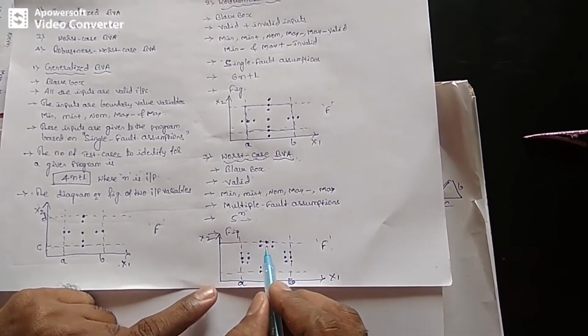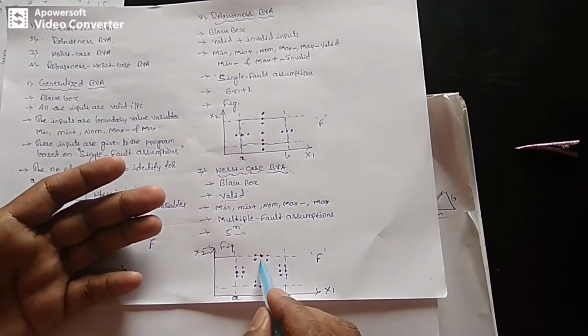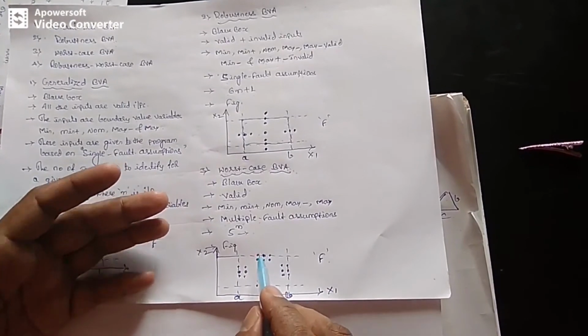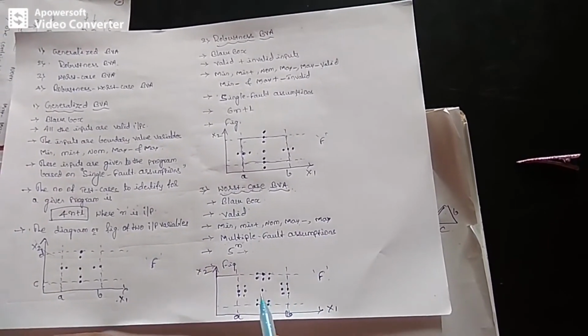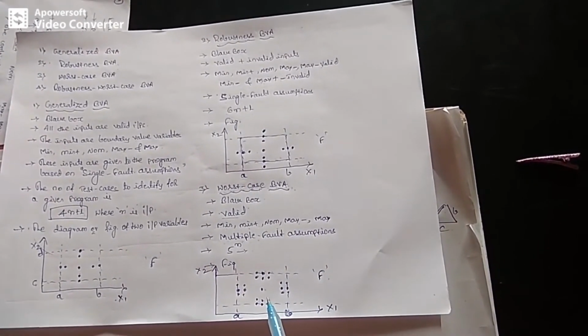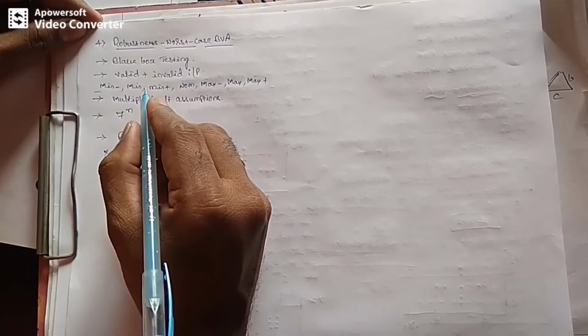Means more number of max minus values we are going to give as an input parameter list, two or more times we are specifying the boundary values, that are all maximum, minimum, minimum plus and also nominal. Therefore, this type of testing technique we are calling a worst case test technique.